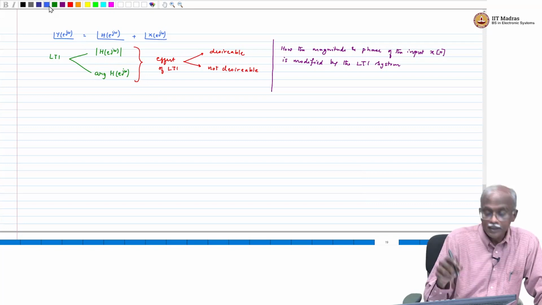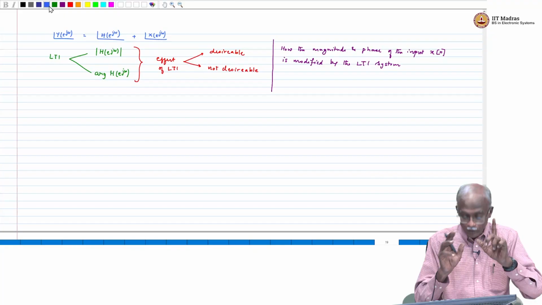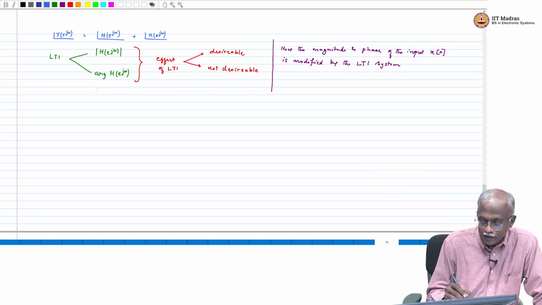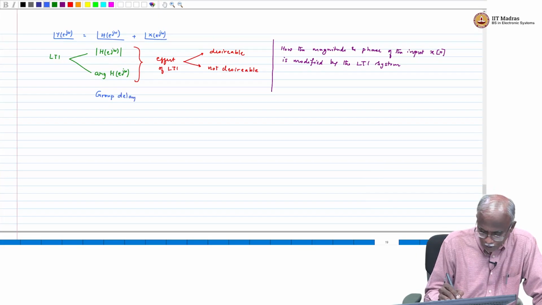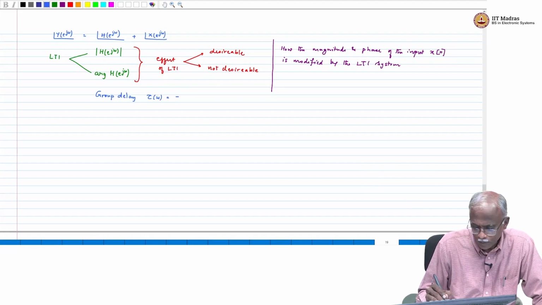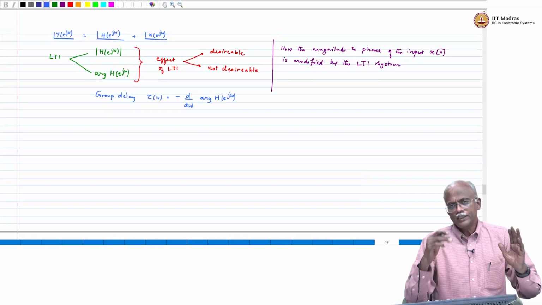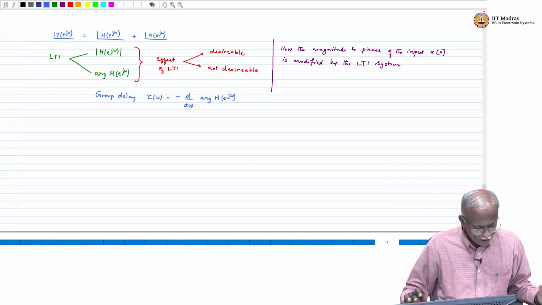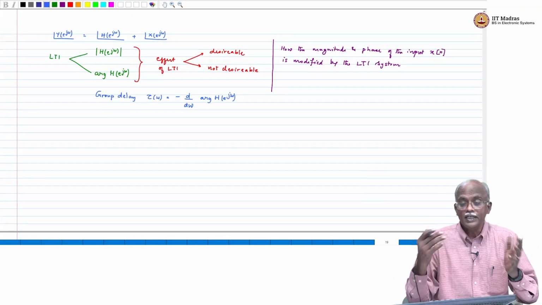And there is a third one which we also have looked at in chapter 2, which is the impact of the group delay. An LTI system will also introduce a group delay, and as we mentioned, tau of omega is equal to minus d by d omega of the argument of H(e^{jω}). Okay, it's the imaginary part by real part if you want to write it in terms of the real and imaginary parts.